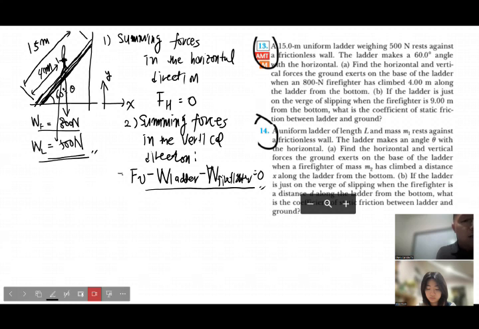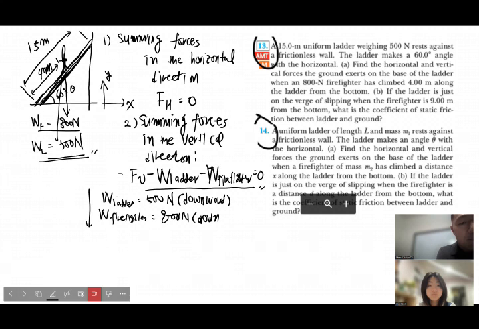As I said, you add two weights: the ladder is 500 Newton, downward, and the firefighter is 800 Newton, also downward in the vertical direction.